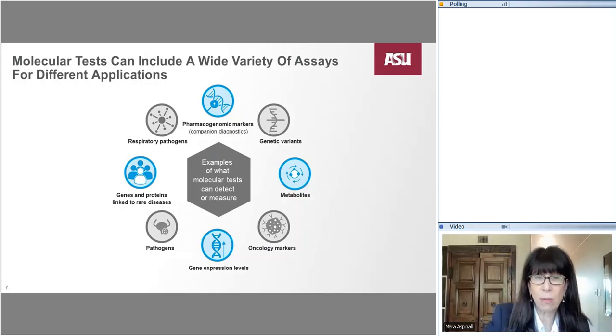And if you look around this, I think it's a hexagon, what you can see here is six areas: genes and proteins, pathogens, gene expression levels, oncology markers, genetic variants, and also pharmacogenomic markers, most often connected to a therapeutic and called companion diagnostics. So this is the industry writ large.